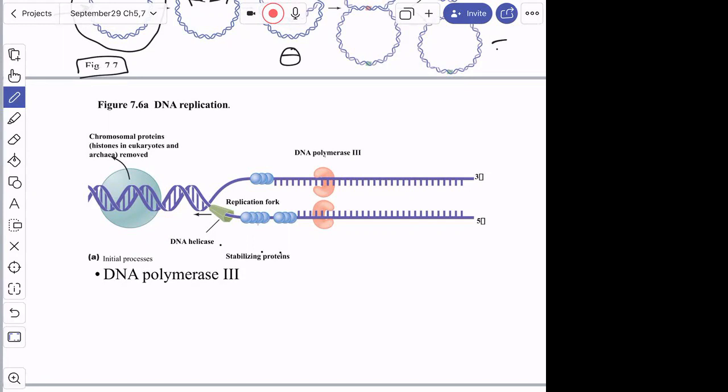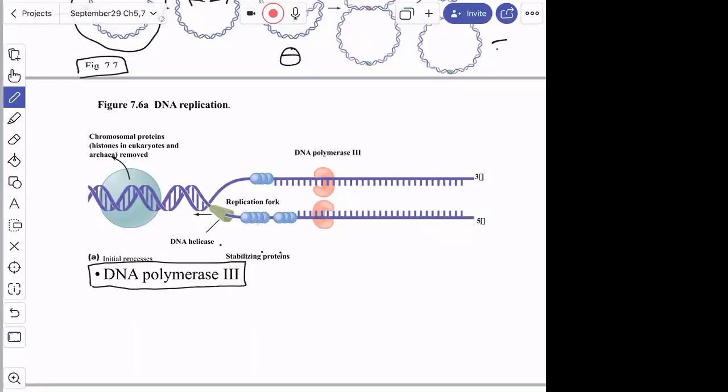The star of the show here is going to be DNA polymerase 3. There are actually 5 different DNA polymerases, and we named them in the order that we discovered them, apparently. But DNA polymerase 3 is the one that makes the polymerization reaction.